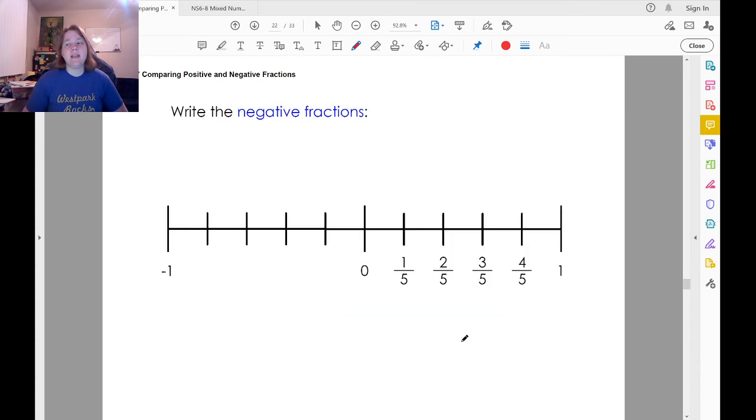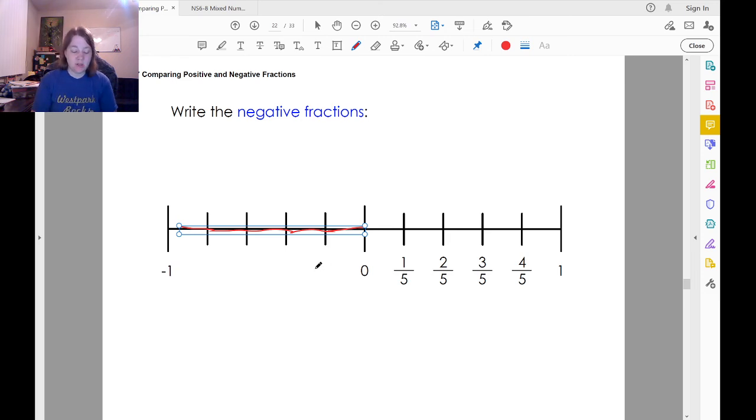Let's go ahead and write the negative fractions. So here we had 0 to 1. This is still cut into 1, 2, 3, 4, 5. It's still cut into fifths, except now we have to go backwards. So what's 1/5 of the way away from 0? What's -1/5?